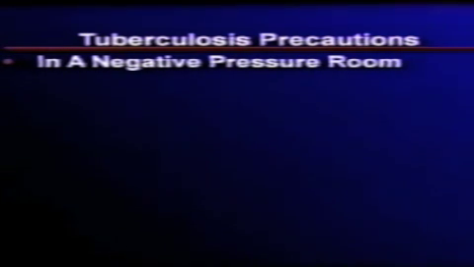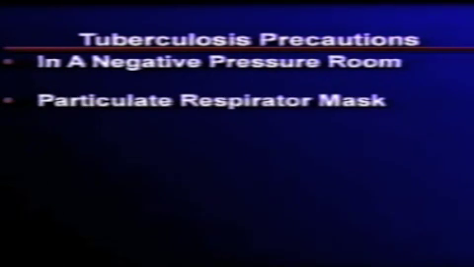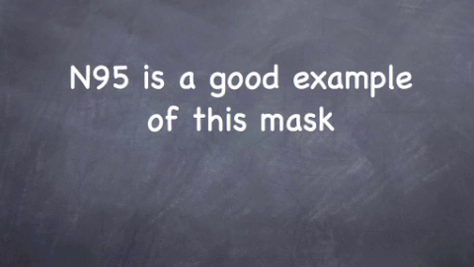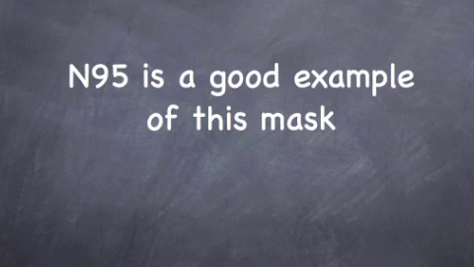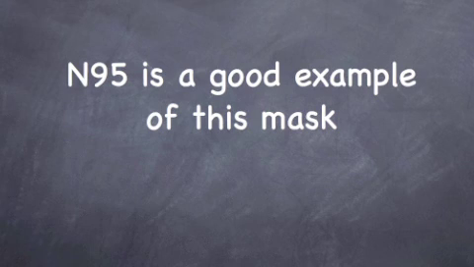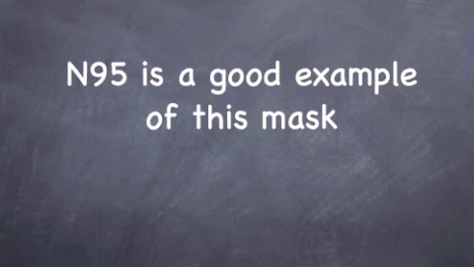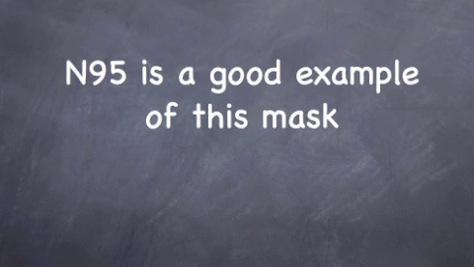If you're taking care of this client, you're going to be using something called a particulate respirator mask, and some of you may have seen this already. It's an occlusive mask that forms a seal around your nose and mouth, and some of them have little valves on the other end, some of them don't. You have to be fit tested, and there's this procedure that each institution uses to fit test, which means that it's a nice, big, great seal, so that you're not running the risk of having those TB bacteria inhaled in, and that you are now not at risk for getting TB.